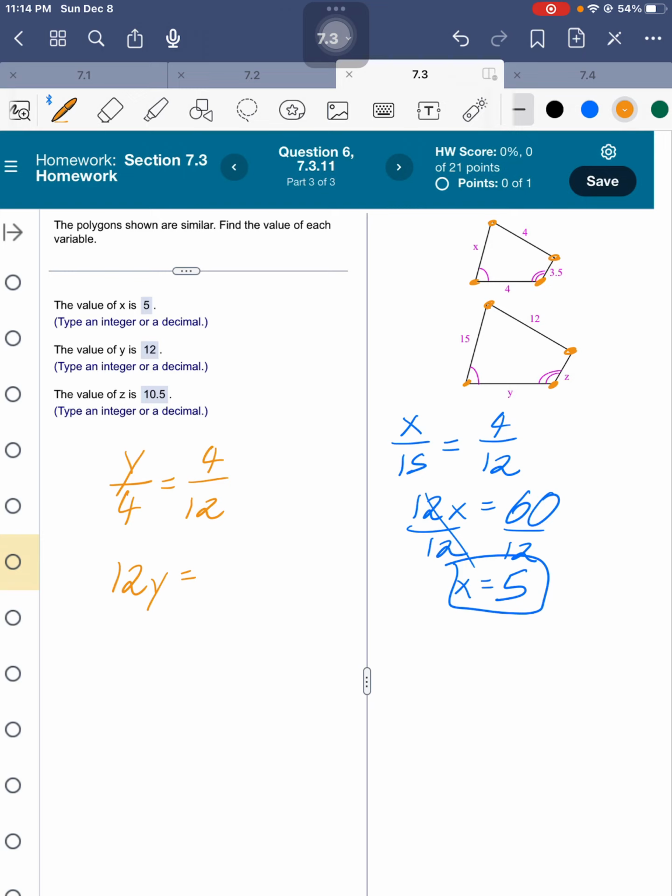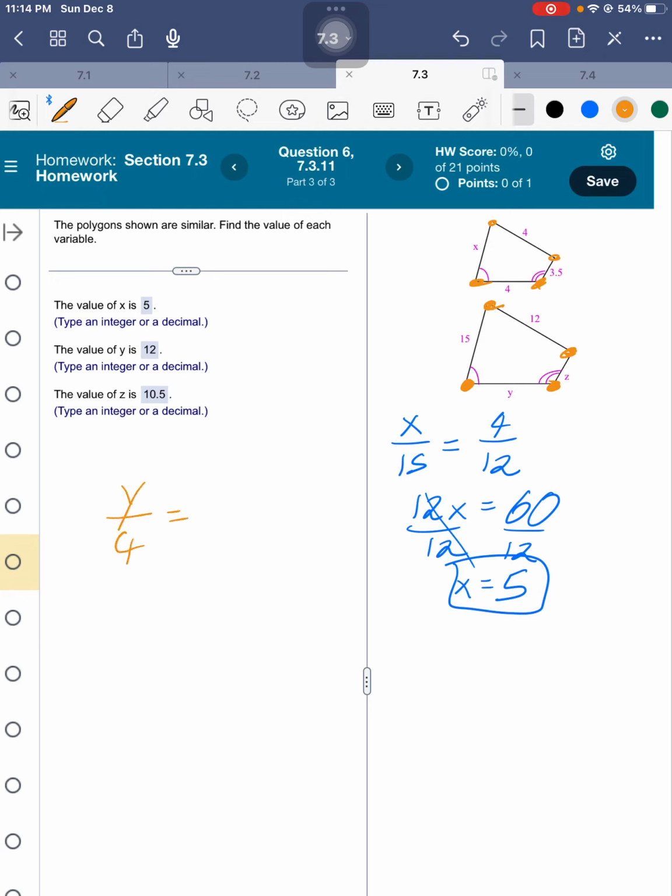Wait, did I do something wrong there? Oh yeah, I did do something. What the heck? My bad. So my Y is going to be to my 12.